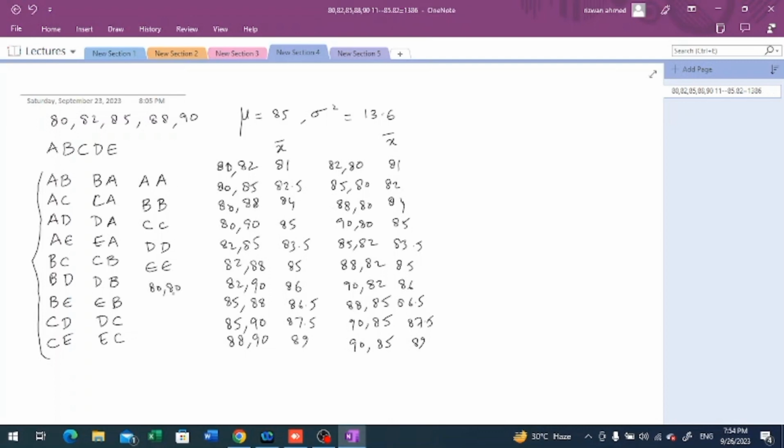Furthermore, these five samples give us 80 with 80, so it gives us 80 as the mean value. Then 82 with 82 gives us 82 as the mean value. Then 85 with 85 gives us 85. Then 88 with 88 gives us 88, and 90 with 90 gives us 90 as the sample mean.